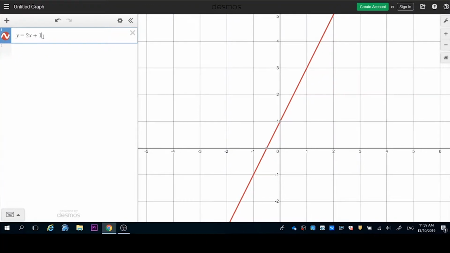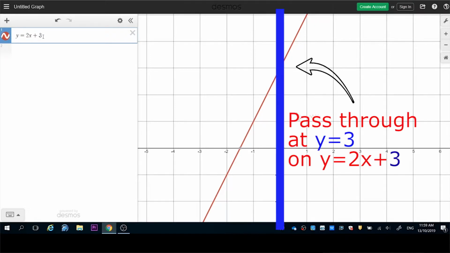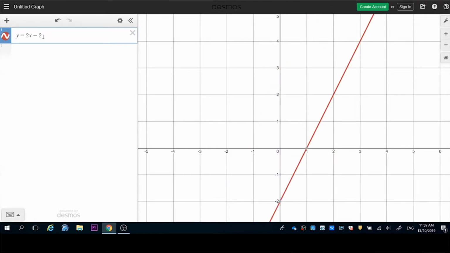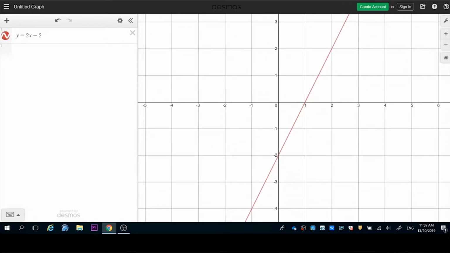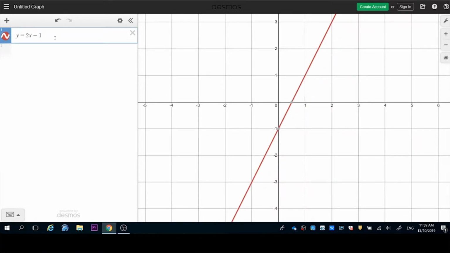If we take plus 3 as an example, we can see that the graph shifts further up. And precisely, the graph is cutting through at the point 1 for plus 1 or at the point 3 for plus 3. For y equals 2x minus 2, what we'll notice is that we have still got the graph of y equals 2x, but it is being shifted down instead of going up.